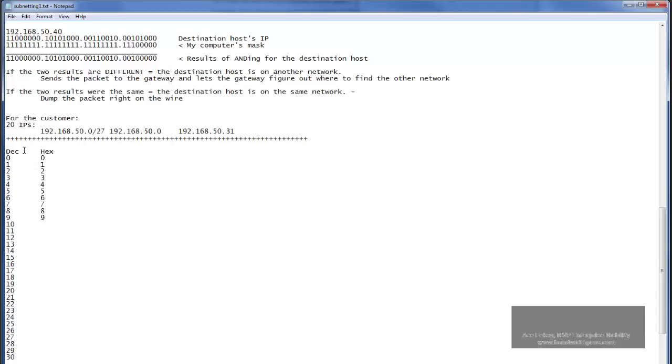Hex is 16, so it's really 0 through 15. But since there are no numeric digits to represent 10, 11, 12, 13, 14, 15, we use letters A, B, C, D, E, F. So here it's A, B, C, D, E, F.